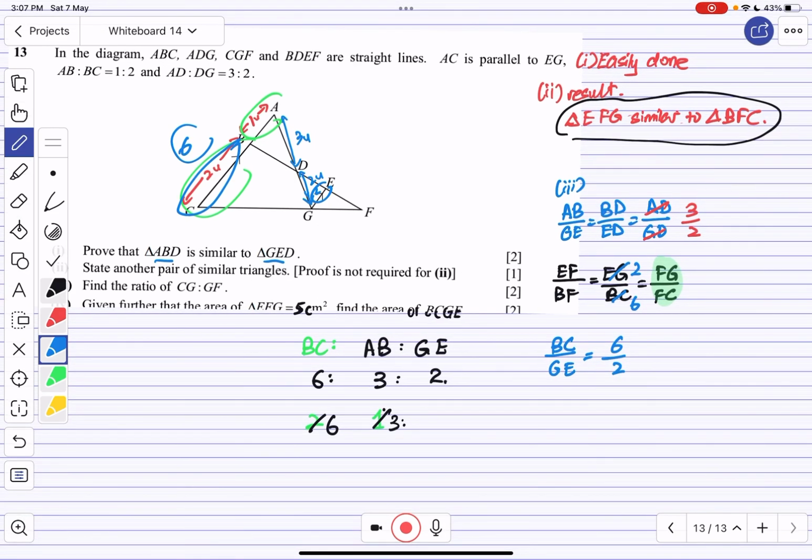So straight away, the ratio FG over FC, sorry, is it FG or GF, GF instead of FG, GF over CF is the same as 2/6.